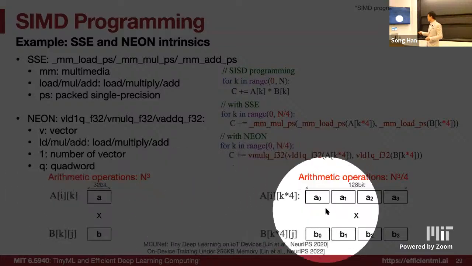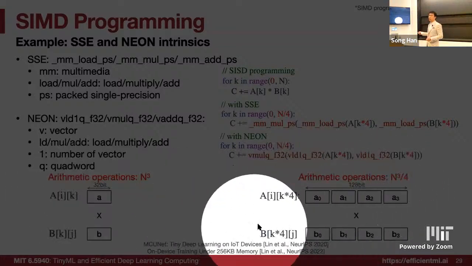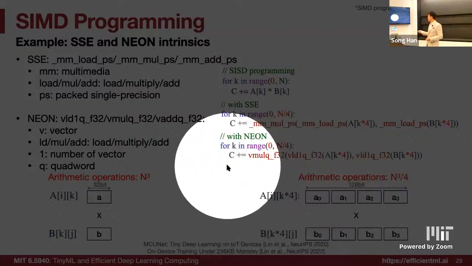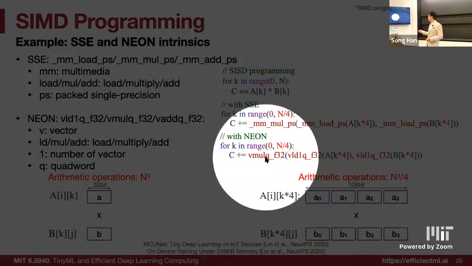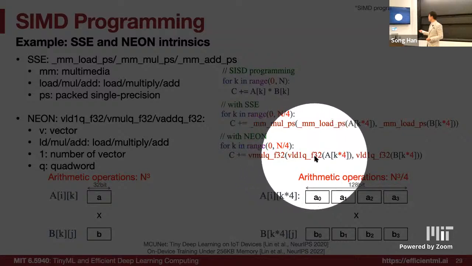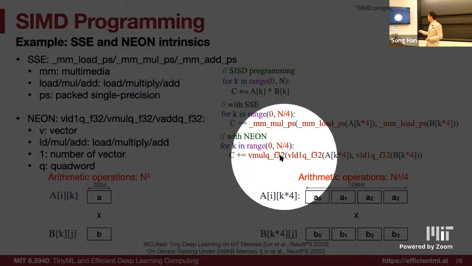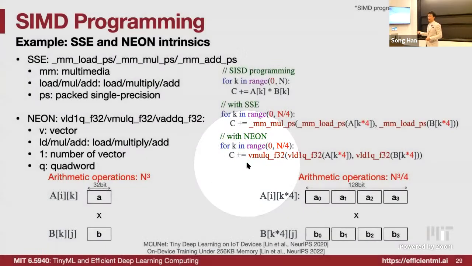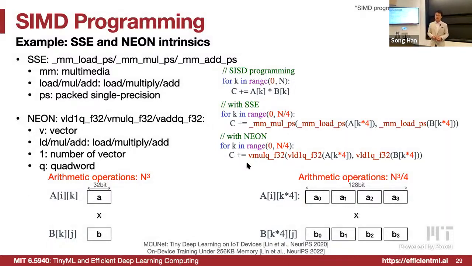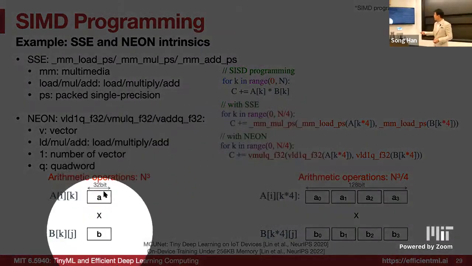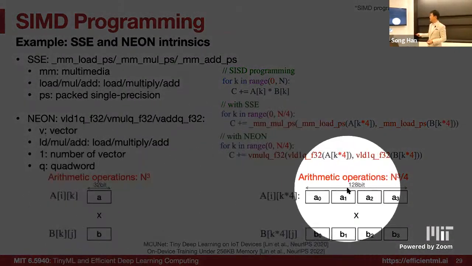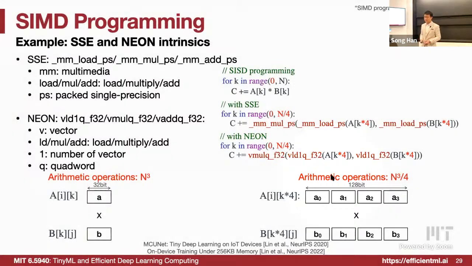So we can operate on 4 words in a single instruction. So this dot product becomes: we load 1Q of 32 on A and on B. After we load them, we multiply them. Finally, we sum it up into the C address. So this is comparing single instruction, single data with single instruction, multiple data.